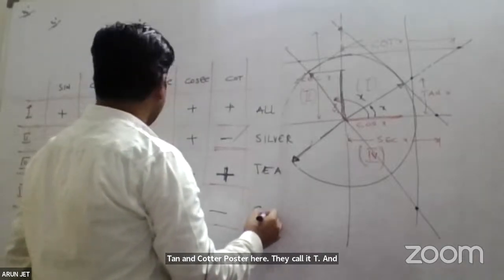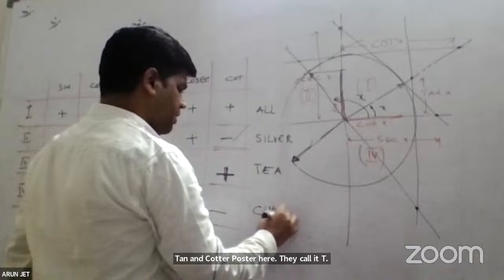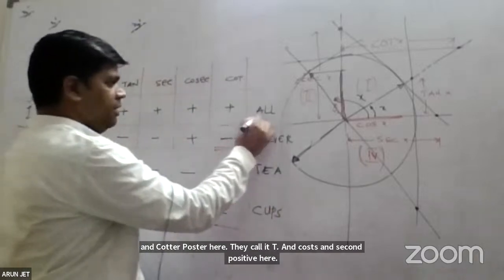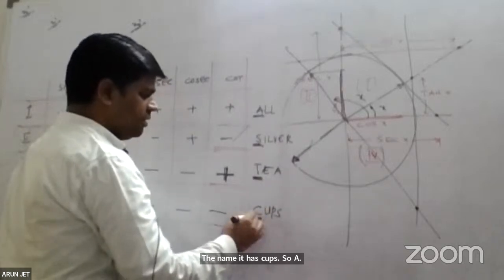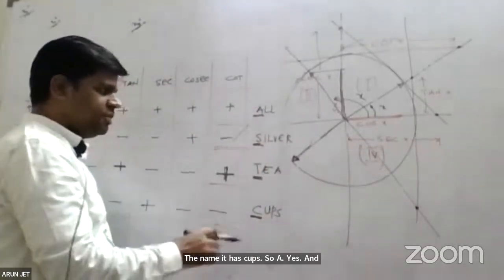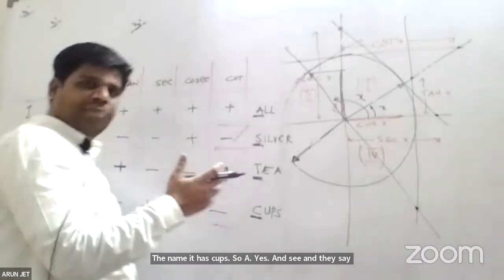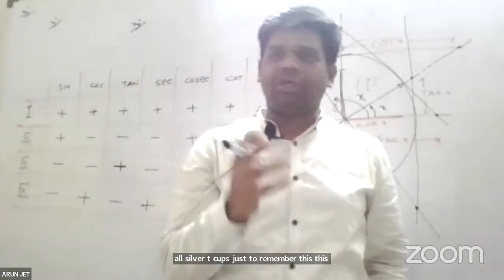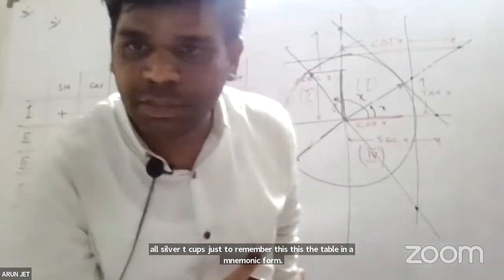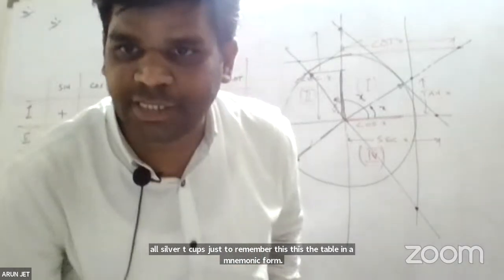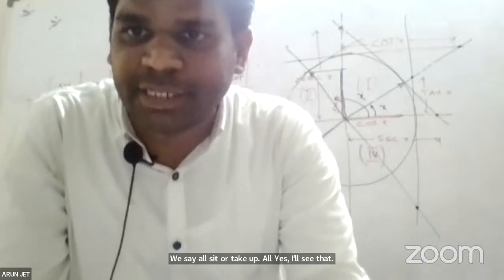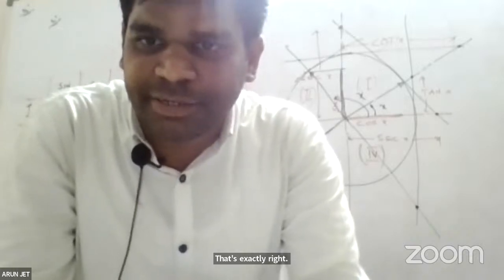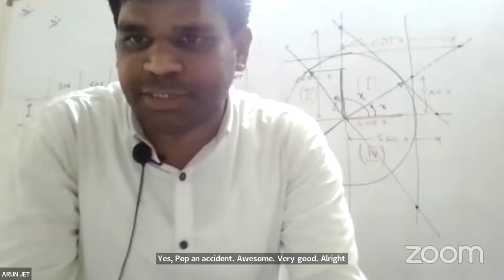Cos and secant are positive here. They name it as cups. So A, S, T, and C. And they say all silver tea cups. Just to remember this table in a mnemonic form, we say all silver tea cups. All are positive here. Yes, Ashrita, that's exactly right. Yes, Bhavana, excellent. Very good. All silver tea cups.